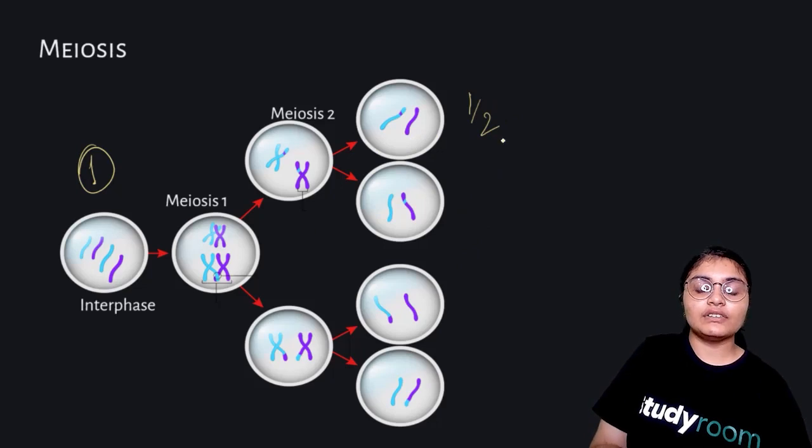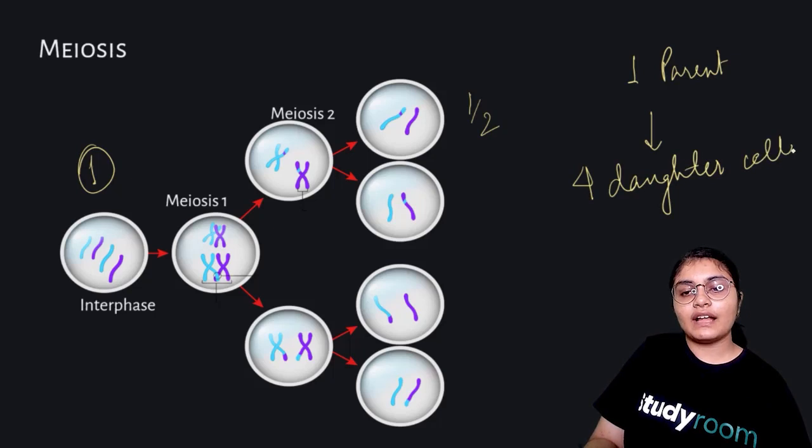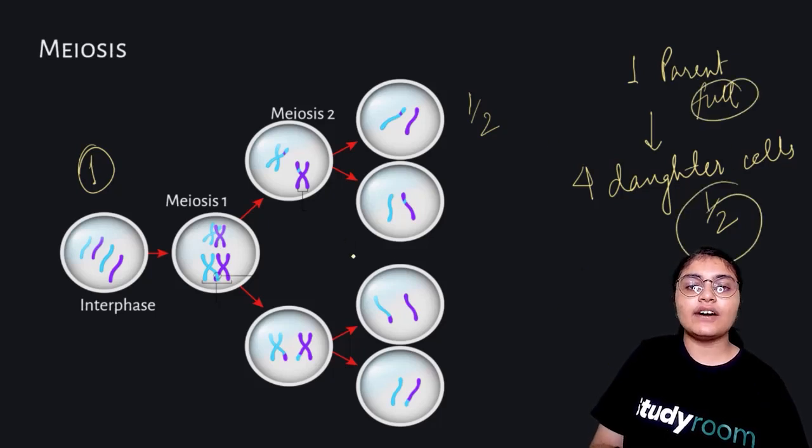So from one parent there is production of 4 daughter cells, and the daughter cells will have half the DNA content, and the parent had full DNA content, right? So this is how it is happening.